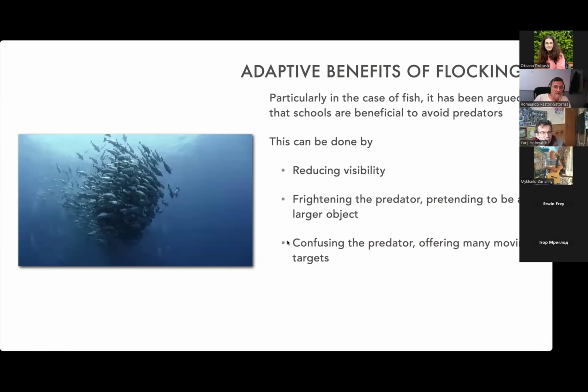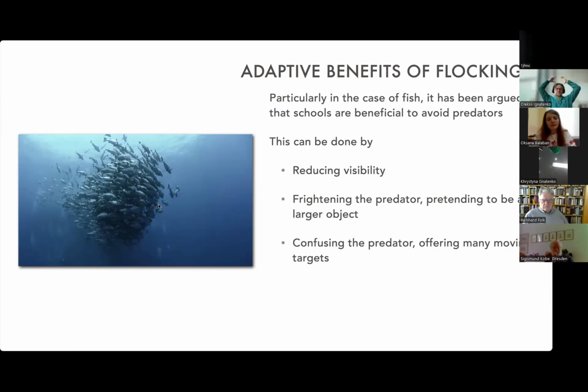In the case of fish, which will be the main scope and the main subject of my talk, it has been argued that it's also very good from an adaptive point of view for fish to be together and to travel together. Essentially, they can use this flocking aspect of their movement to avoid predators, by reducing visibility, by pretending to be a larger object, and in this way they frighten the predator.